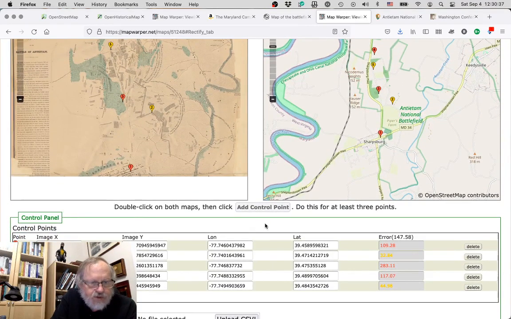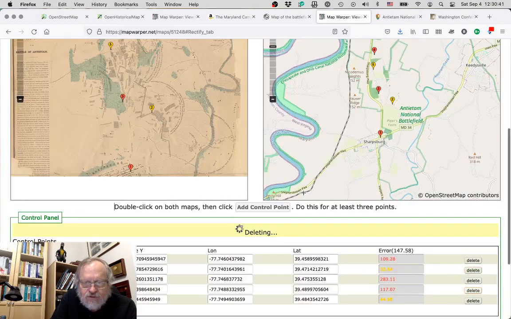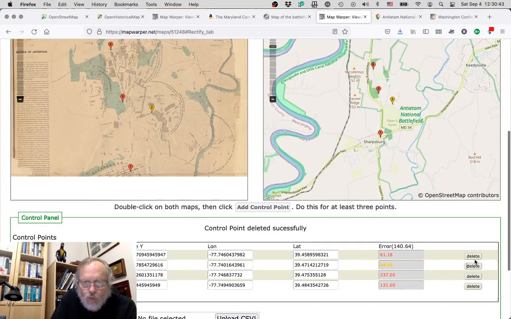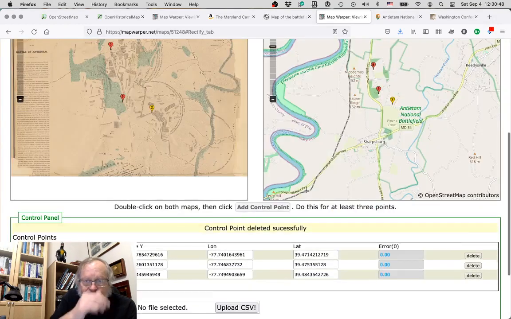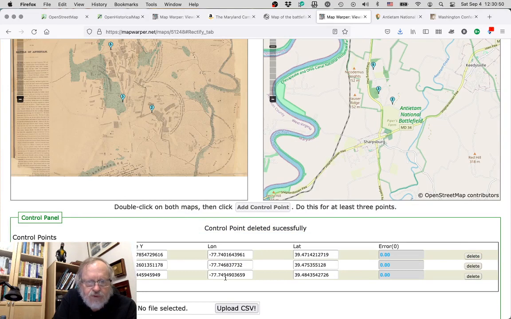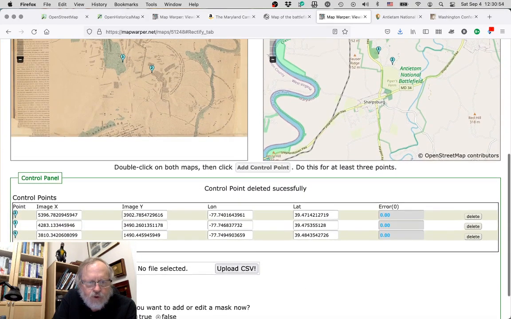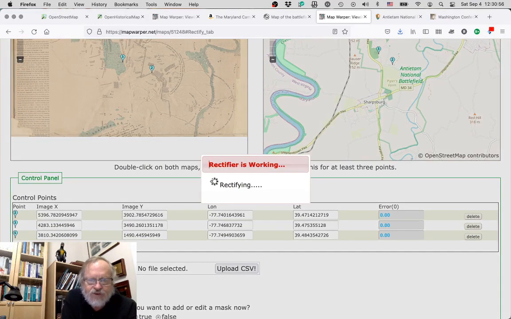I'm going to delete 4 and 1. And then we're just going to rewarp, and we're going to see if things are any better in the vicinity of the east and west woods.